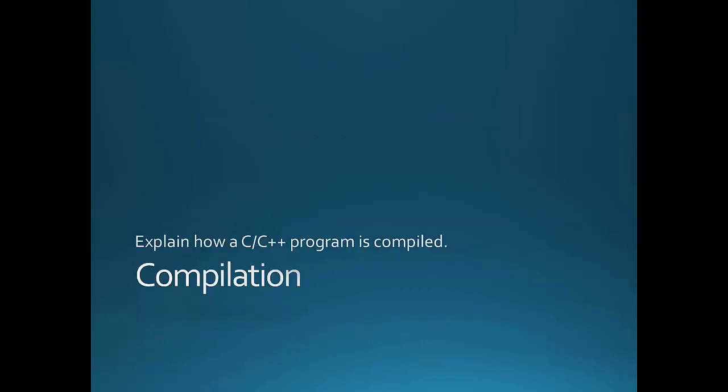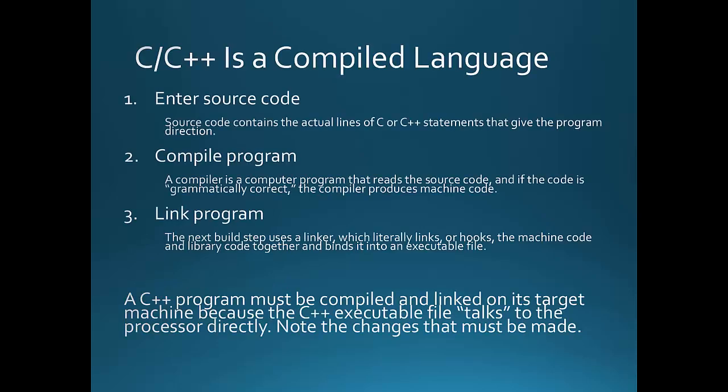So knowing a little bit about the history, the next step is to understand how a C or C++ program is created, and that's through the process of compilation. We say that C and C++ are compiled languages, and what you'll do is write code in a text file that is called the source code, and that's a human readable form of your program.